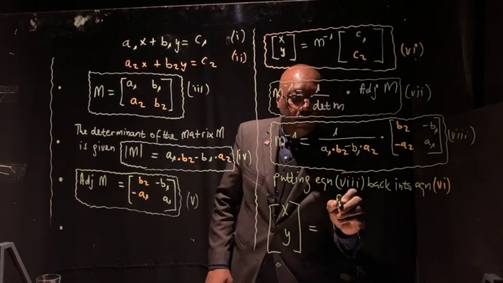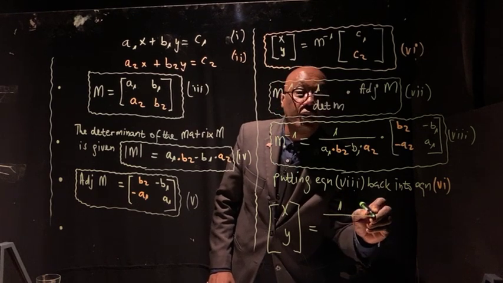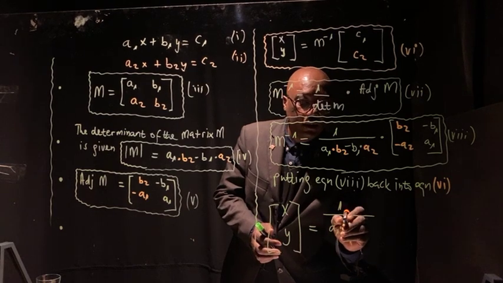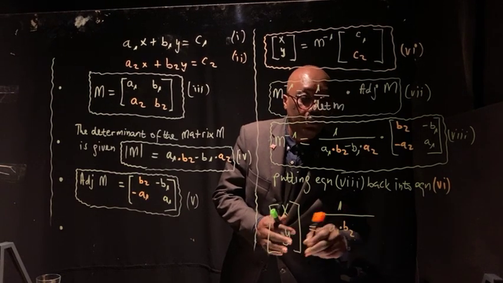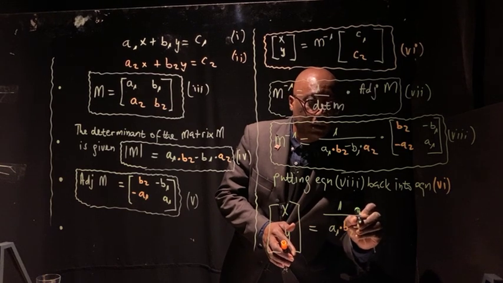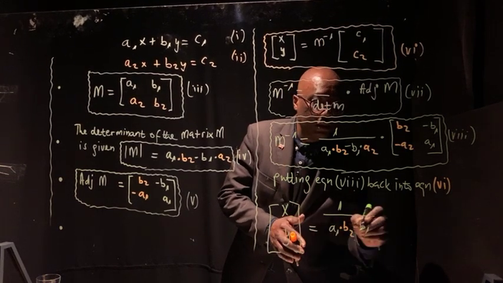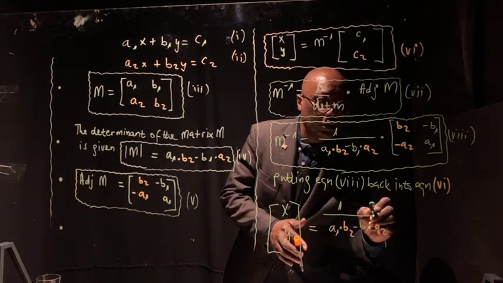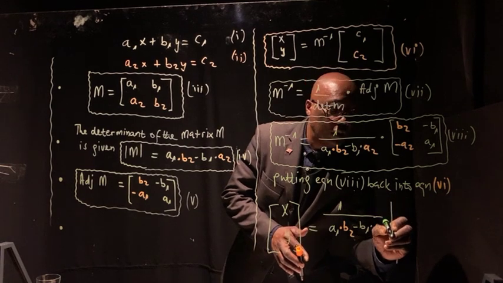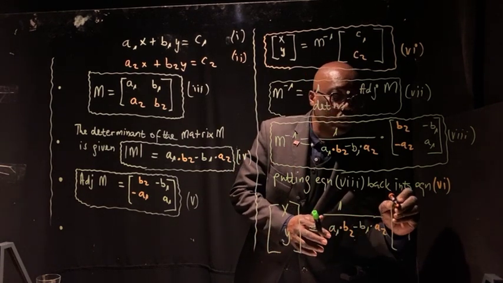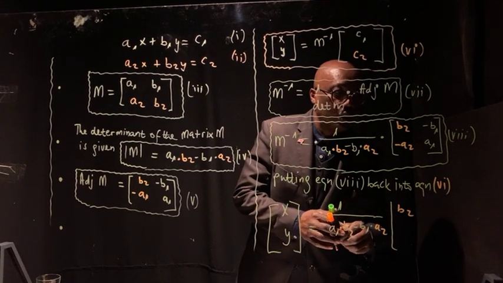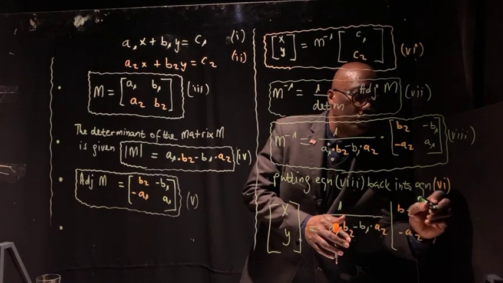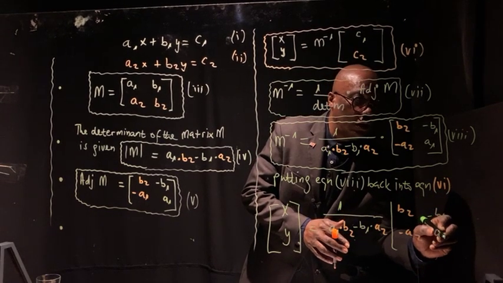This is it: 1 over A1 multiplied by B2 minus B1 multiplied by A2, times the matrix B2, minus A2, minus B1, A1.